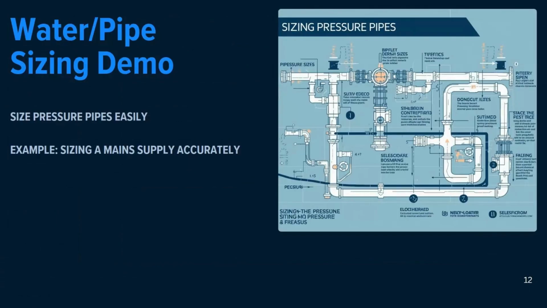So you can see how the Cintojon MP Design Toolkit gives you the efficient mains size for your water supply. Beautiful. No more guessing. No more saying, oh, I know they used 40 mm there, they used 32 mm there. Now you know what you ought to use according to relevant codes and standards.